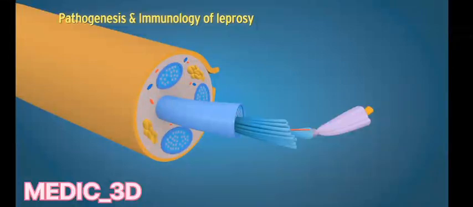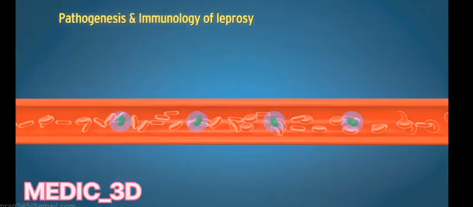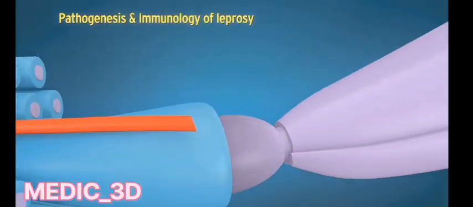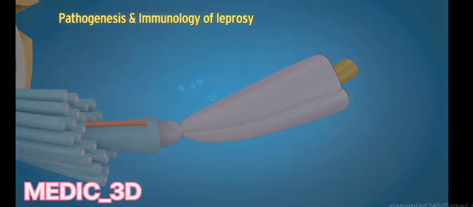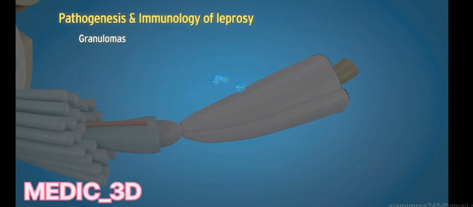Normally, macrophages from blood can patrol nerves to carry out homeostatic repair functions. Macrophages infected with Mycobacterium leprae also reach the peripheral nerves through the bloodstream and aggregate with other macrophages, forming granulomas.